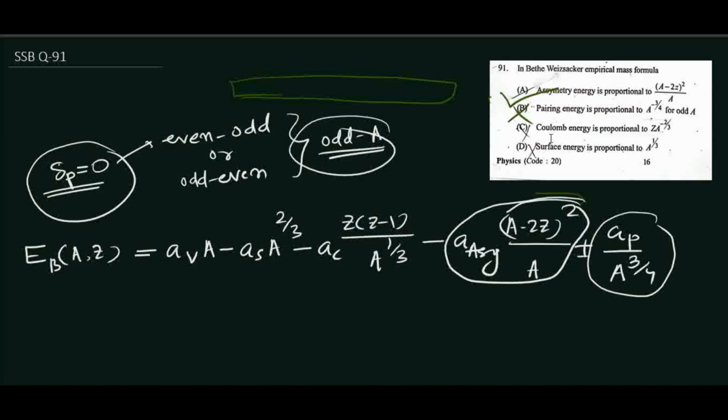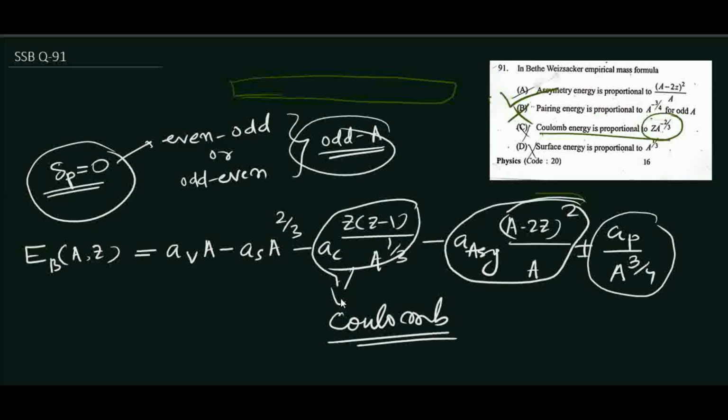Now let's see option C. It is given that Coulomb energy is proportional to Z into A to the power 2 by 3. Now you see, the Coulomb energy is proportional to Z into Z minus 1.